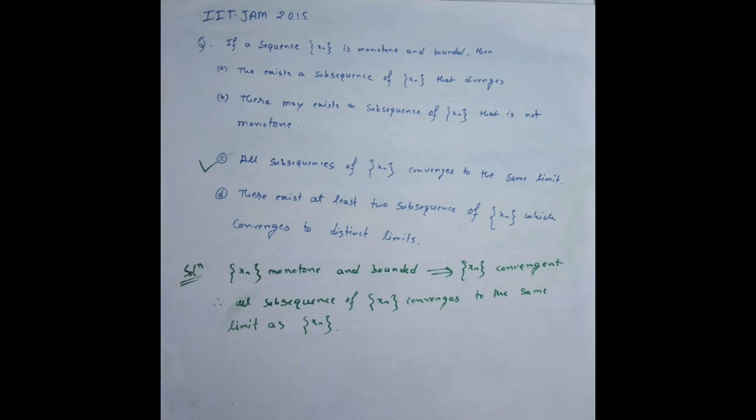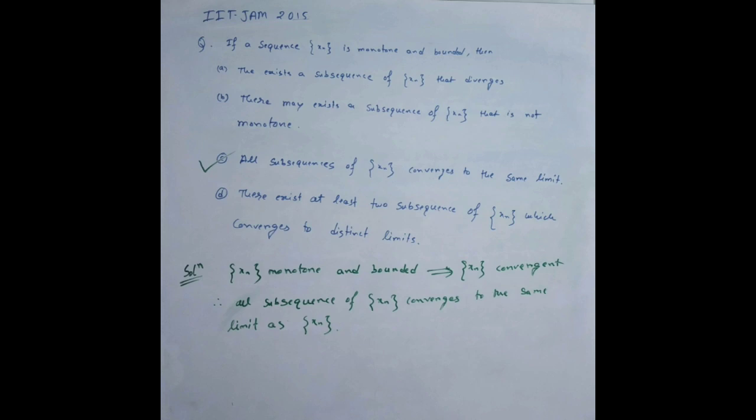This question is from IIT JAM MS 2015. Here they are using the concept of subsequence. So you can see the question is: if a sequence xn is monotone and bounded, then the options are: option A, there exists a subsequence of xn that diverges; option B, there may exist a subsequence of xn that is not monotone; option C, all subsequences of xn converge to the same limit; option D, there exist at least two subsequences of xn which converge to distinct limits.